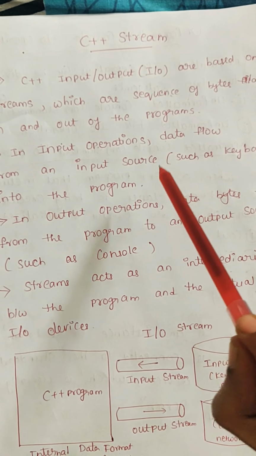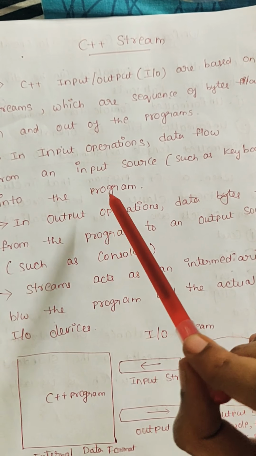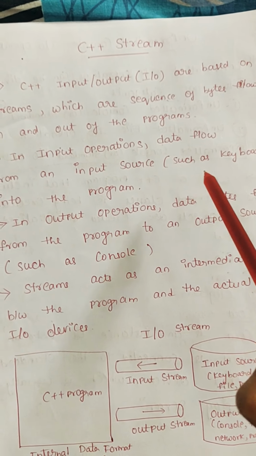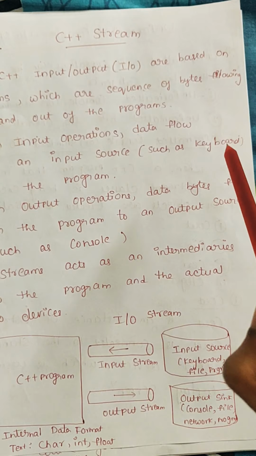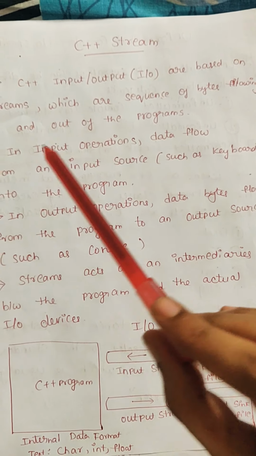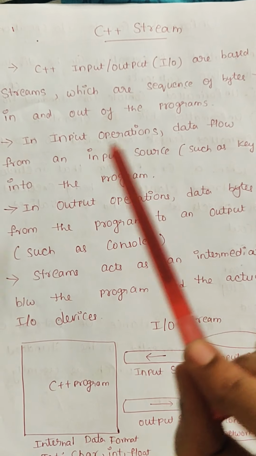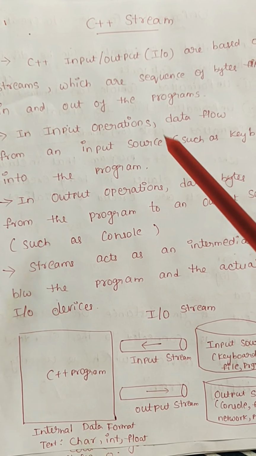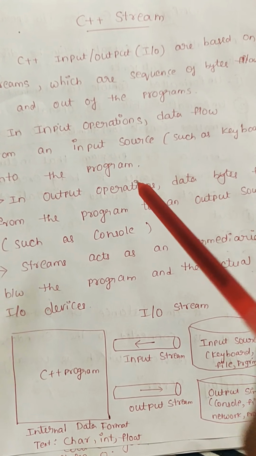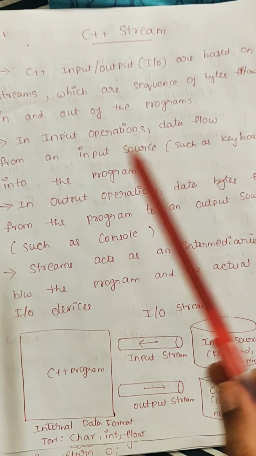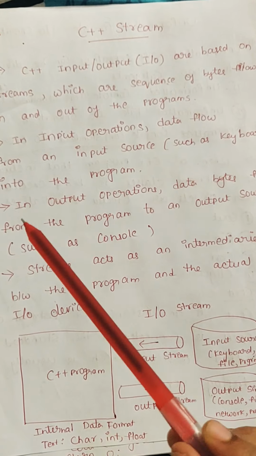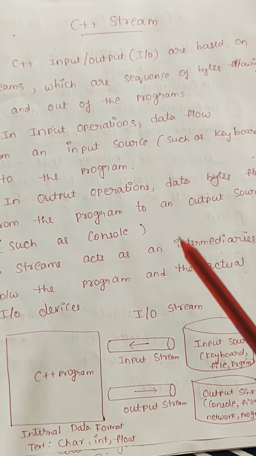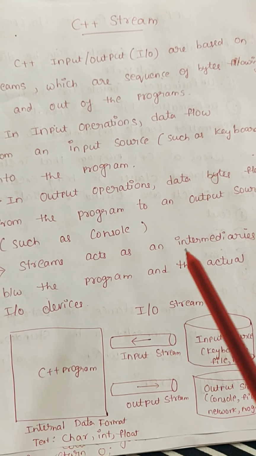In an input operation, data flows from the input source into the program. What is this input source? Here we use the keyboard for input, right? In an input operation, data flows from the keyboard into the program, in the form of a sequence of bytes. In the same way, in an output operation, data flows from the program to the output destination, that is the console.